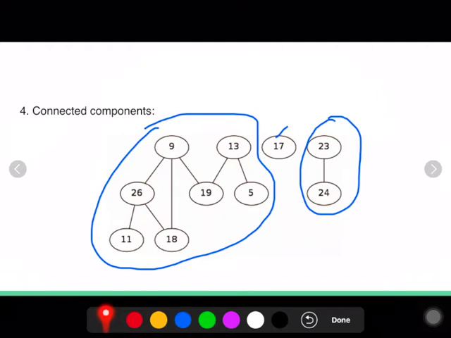That means within this component, from any vertex to any vertex there will be a path, and each and every single isolated node is considered an independent component. So if you look at this example, there are totally 3 connected components, this being the first one, this the second one, and this the third one. These are 3 different connected components in the graph.